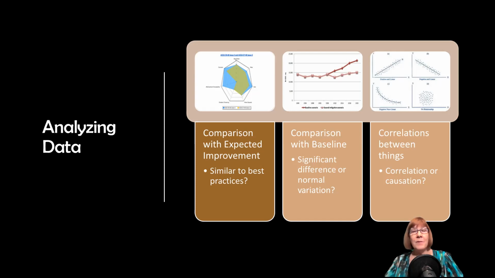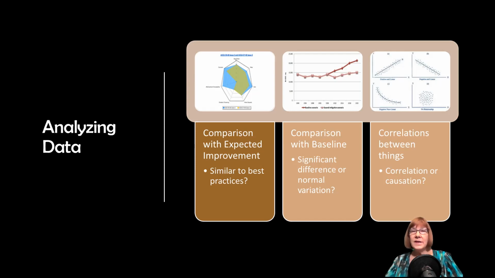Or you might compare with a baseline. And one of the things you always have to ask yourself is, is this a significant difference or is it normal variation? Remember, things change all the time. People may work longer hours, shorter hours, it may be hotter, it may be colder. There are a lot of reasons why things may change over time.